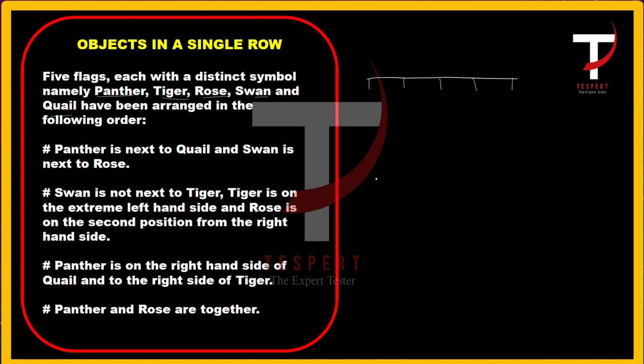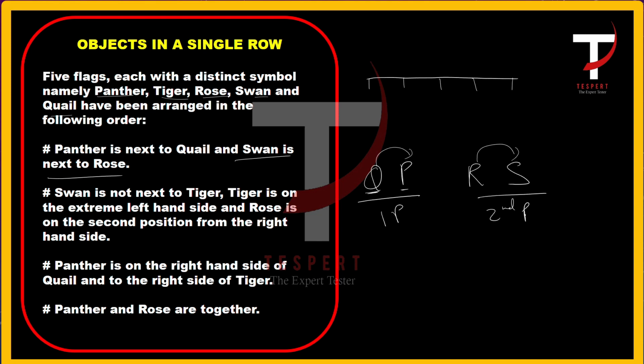Quail means Q, P means panther. And swan is next to rose. So this is the first pair and this is the second pair.